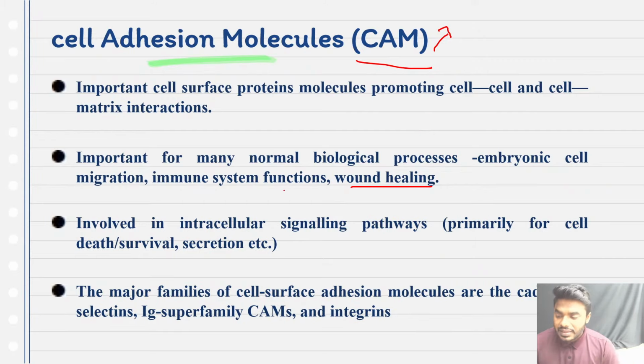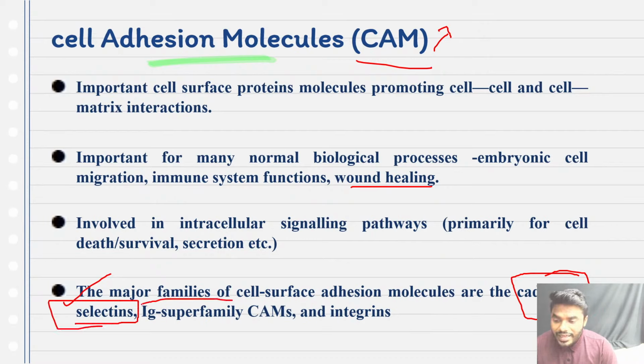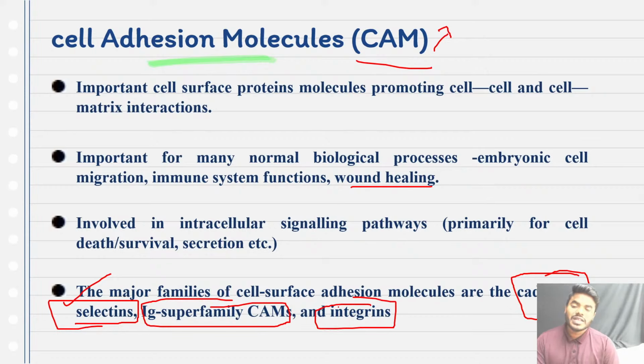So friends, there are many families of CAM molecules. But among all, the most important types of CAM molecules are these four. I want you to remember every single CAM molecule without fail. Cadherin, selectin, Ig superfamily CAM molecule, followed by, friends, integrins.